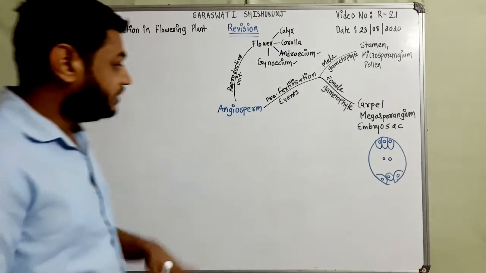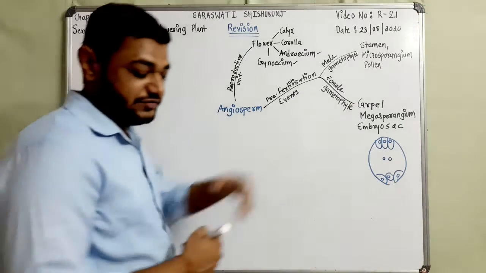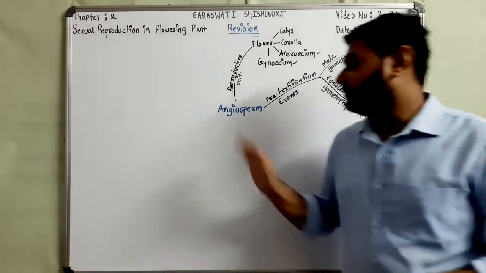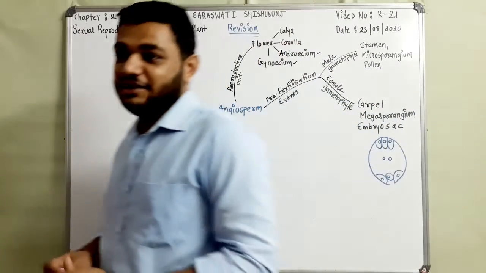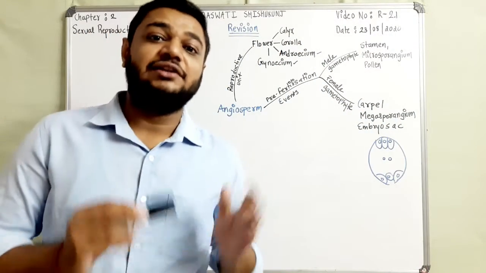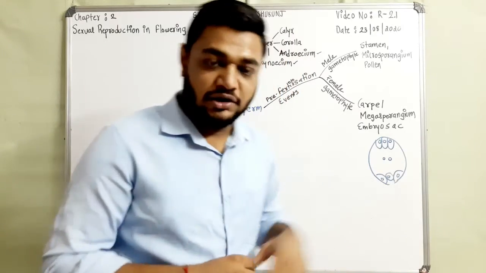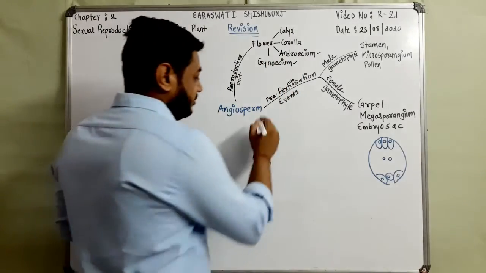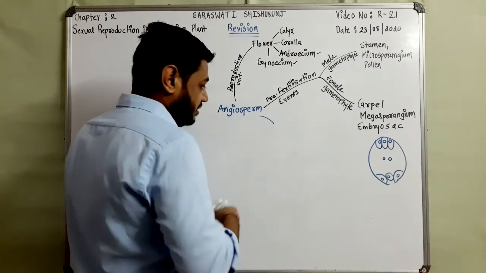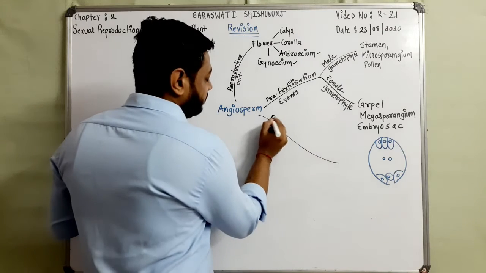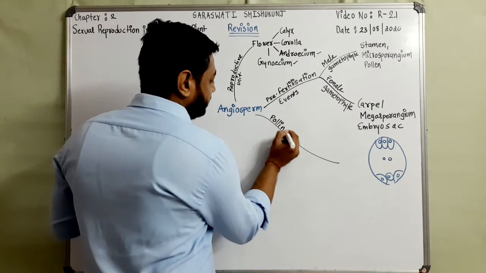Now, when I talk about the transfer of pollen, we require a special mechanism. As plants are non-motile, there must be a mechanism which can transport the pollens from anther to the stigma. That is called pollination.